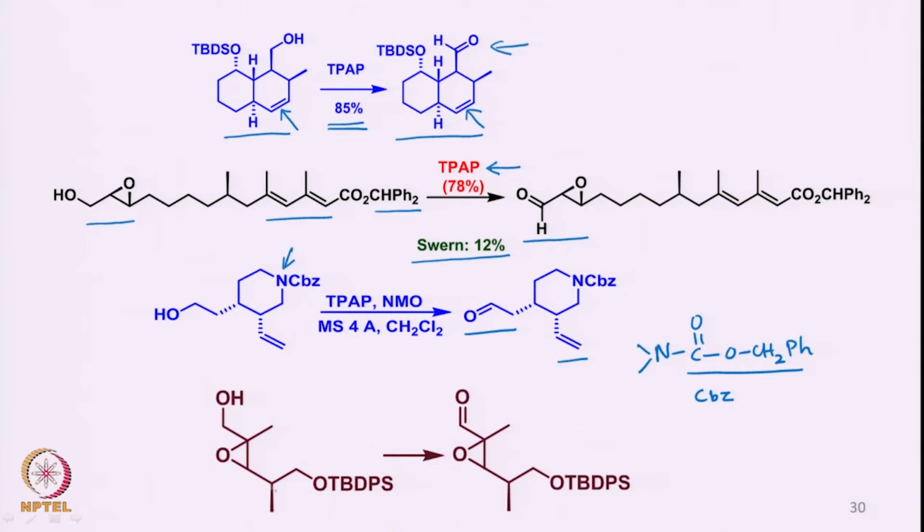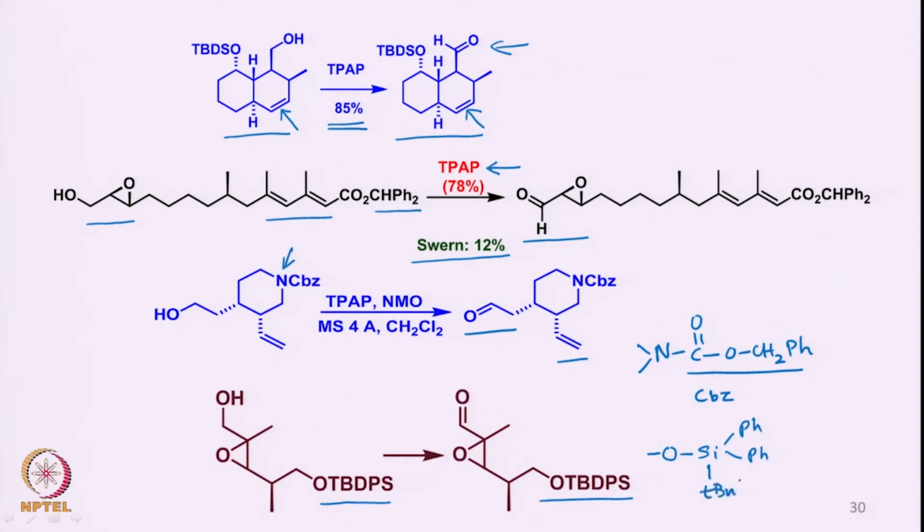Another example is this lower one, where the protecting group is also unaffected, which is tertiary butyl diphenyl silyl. We have 2 phenyl rings here and tertiary butyl.